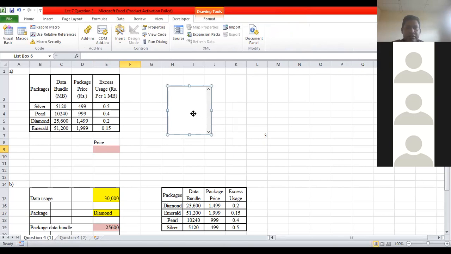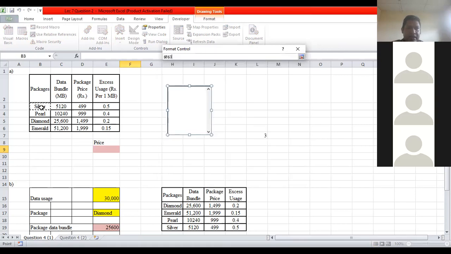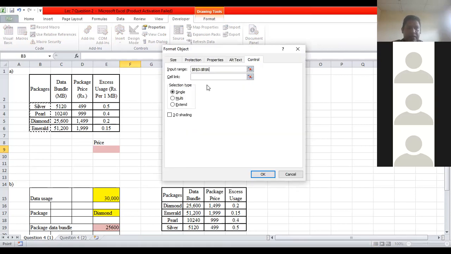Then you would have right clicked and gone to the format control, and then you would have identified the input range. So you want the names of the packages, right? So you would have selected the names of the packages. Okay, good. Then you would have even given a cell link as well somewhere convenient to you. Then you would have said okay.